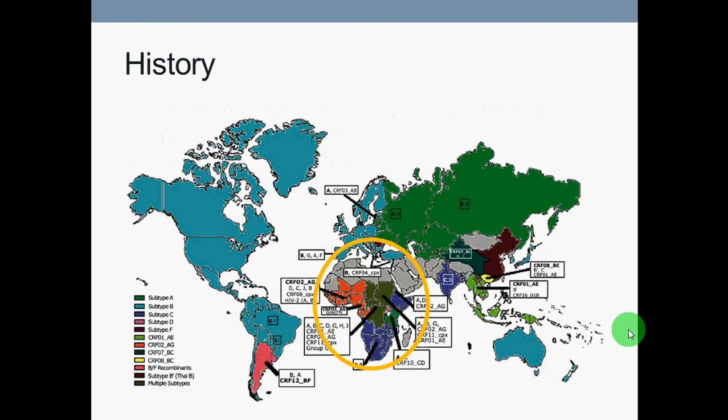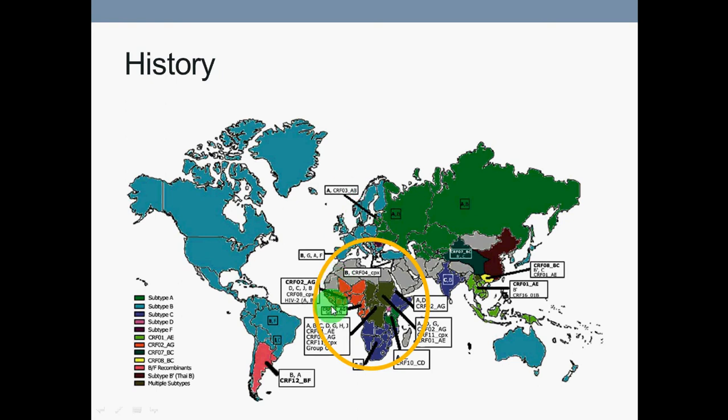This is a graph showing you the different strains, different types of HIV and where they're located. You can see here in North America and most of South America, we have one particular subtype of HIV-1 that's prevalent.